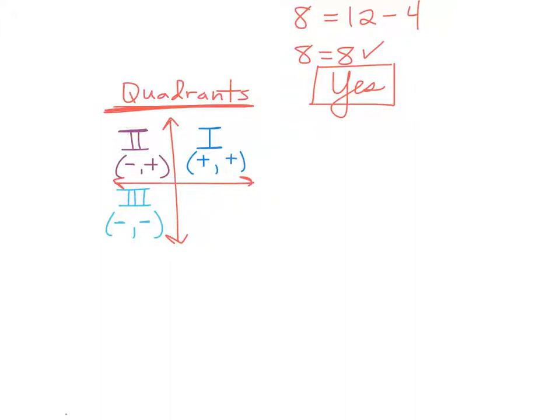And then the last one, quadrant 4, is what? X is positive, y is negative.